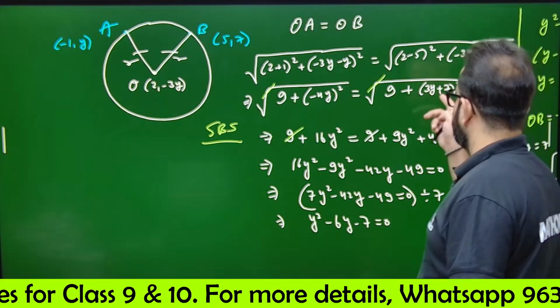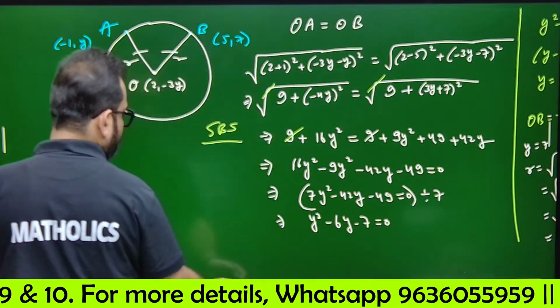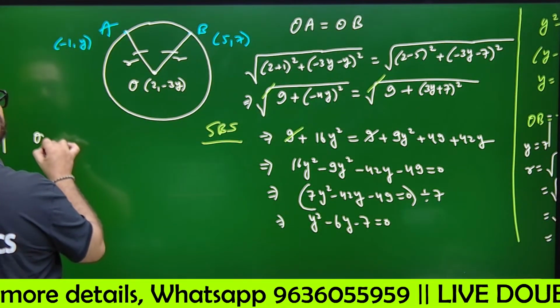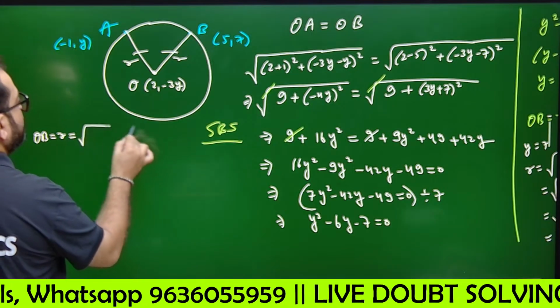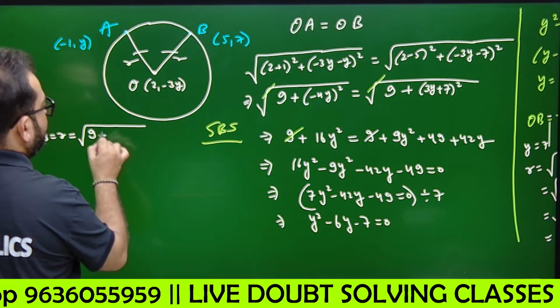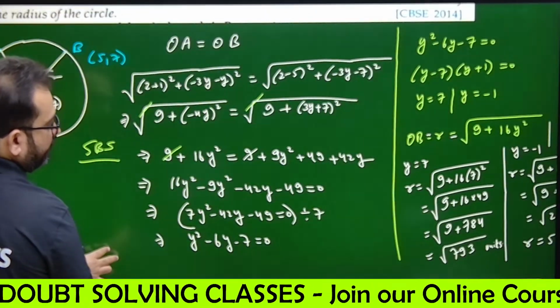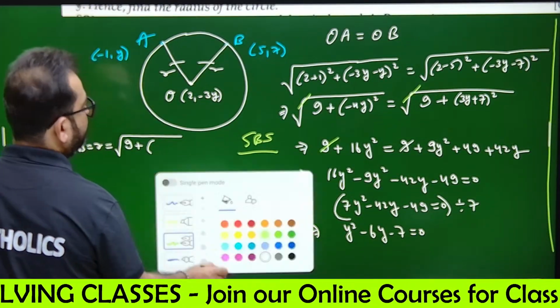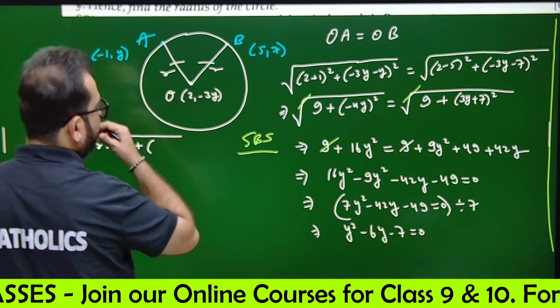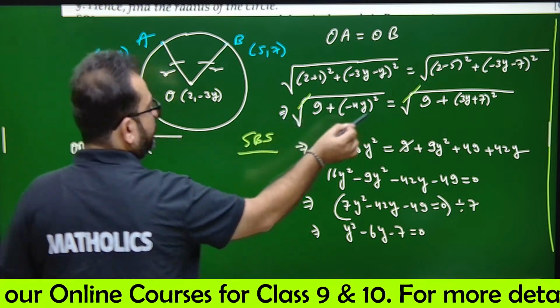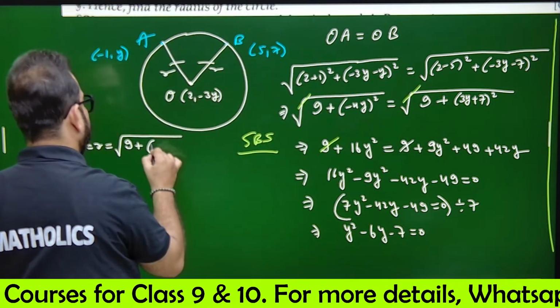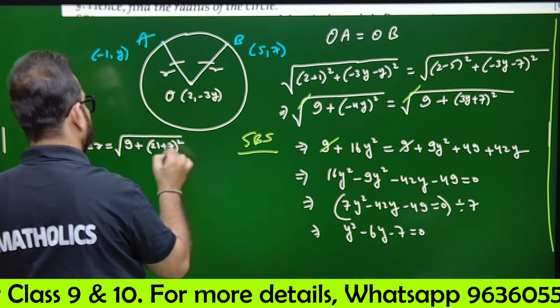Okay, if we use 9 plus 3y whole square, OB also equals the radius, no? So we'll use 9 plus 3y plus 7 whole square, and y equals 7. If I put it in here, 3 sevens are 21 plus 7, whole square.